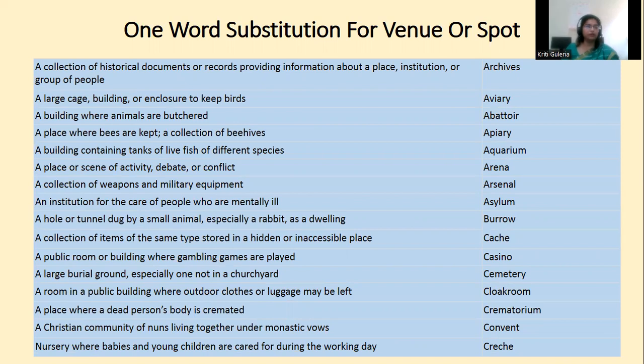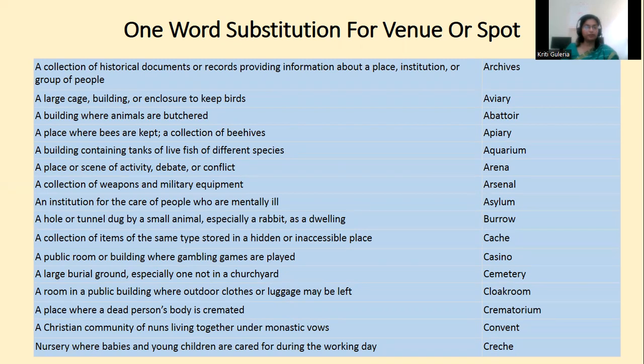A building where animals are butchered is abattoir. A place where bees are kept is apiary. A building containing tanks of live fish is aquarium. A place or scene of activity, debate, or conflict is referred to as arena.